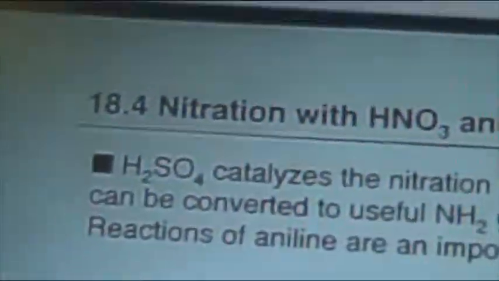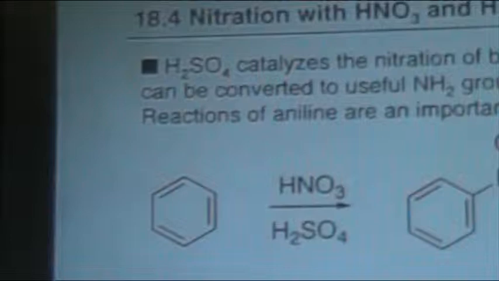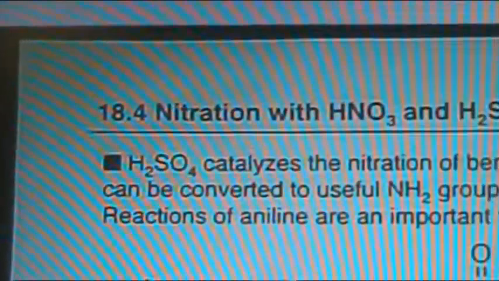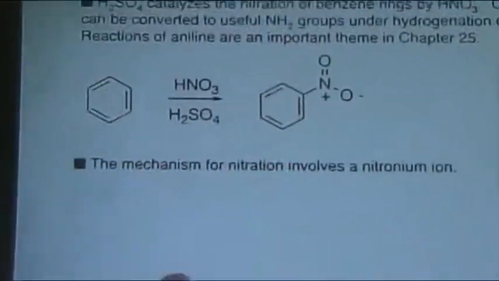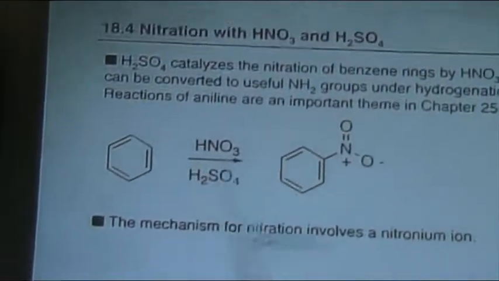The reagent is nitric acid. There are some types of benzene rings, not just simple benzene, that are so reactive you don't need an extra acid. But in most cases, you should always add sulfuric acid when you write this recipe out. Just assume you have to add a super duper duper powerful acid like sulfuric acid. Sulfuric acid is way more powerful as a proton donor than nitric acid. Okay, so always include these reagents.